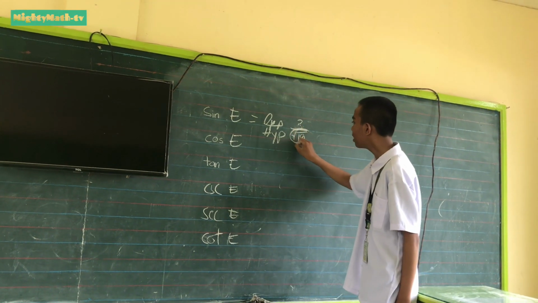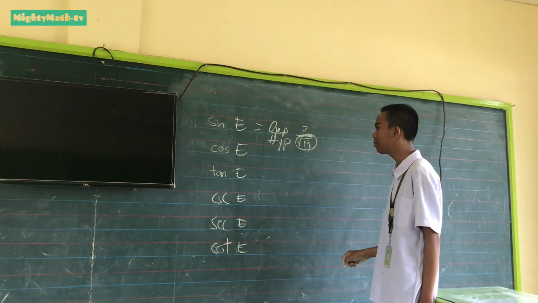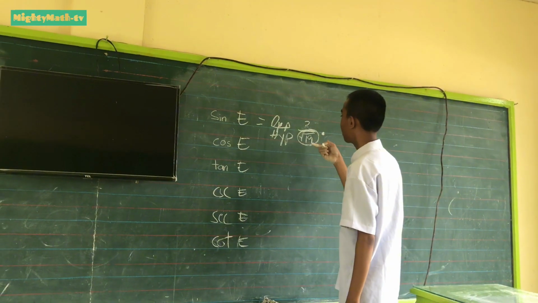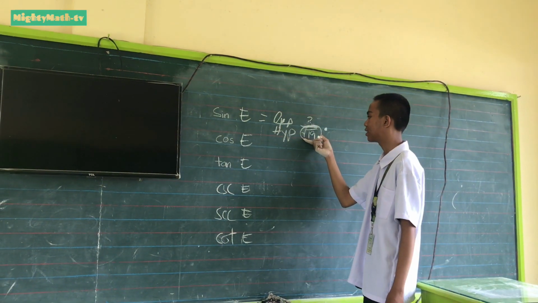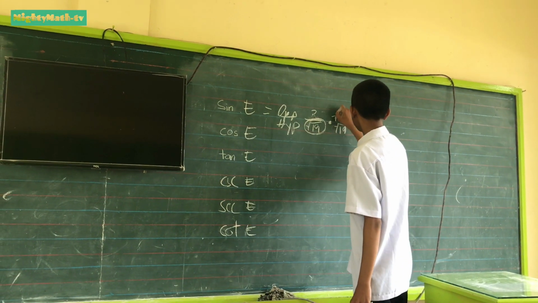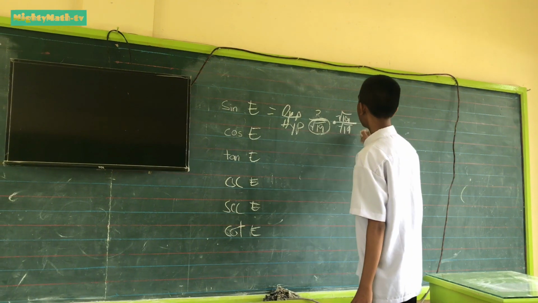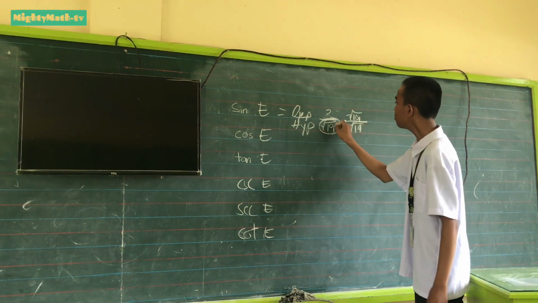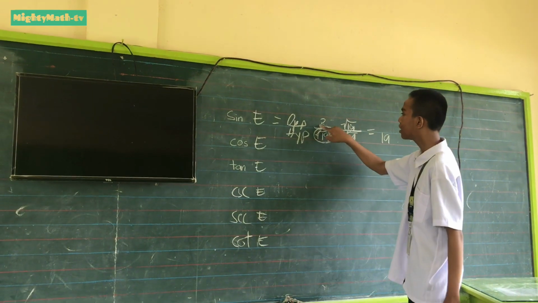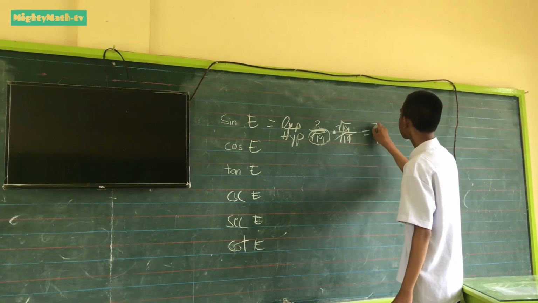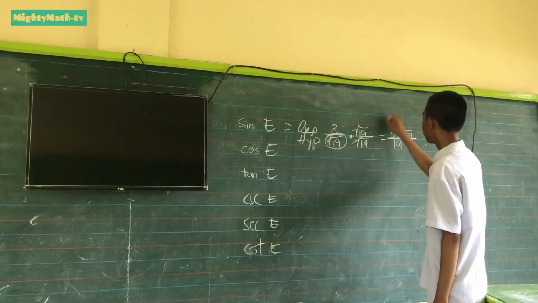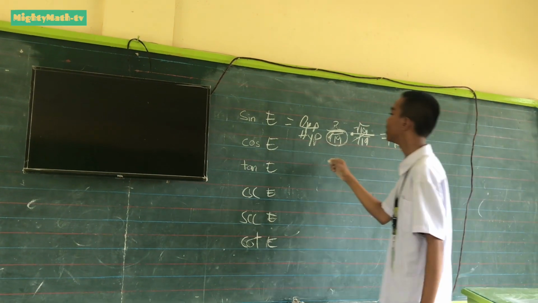We can't have any radical in our denominator, so what we'll do is multiply it by what we're having as a denominator, square root of 19 over square root of 19. Our radicals eliminate each other. We're left with 19. And 3 times square root of 19 is just 3 square root of 19. And this is our answer for sine E.